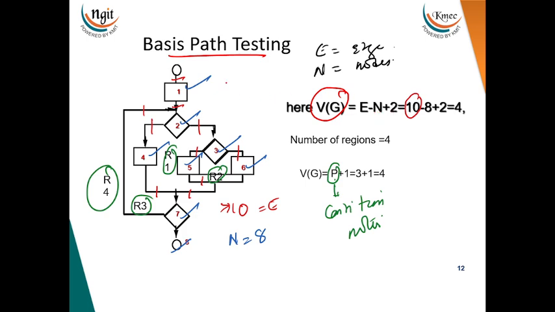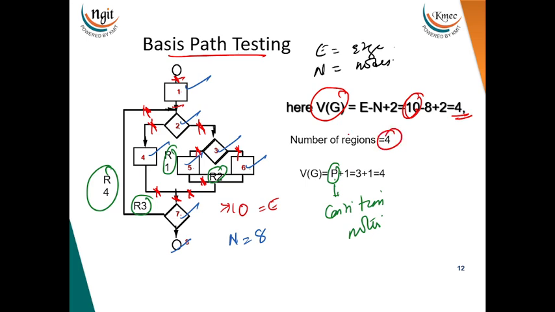Counting the edges, which are represented in red: 1, 2, 3, 4, 5, 6, 7, 8, 9, and we have to take this one too, so it is 10. And how many nodes are there? 1, 2, 3, 4, 5, 6, 7, the endpoint, so 10 minus 8 plus 2, that is 4.